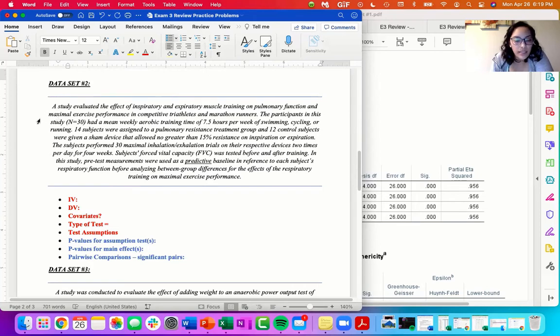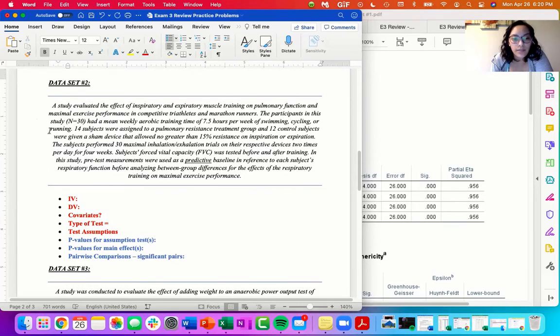The participants in this study, the sample size being 30, had a mean weekly aerobic training time of 7.5 hours per week of swimming, cycling, or running. 14 subjects were assigned to a pulmonary resistance treatment group, and 12 control subjects were given a sham device that allowed no greater than 15% resistance on inspiration or expiration. The subjects performed 30 maximal inhalation-exhalation trials on their respective devices 2 times per day for 4 weeks.